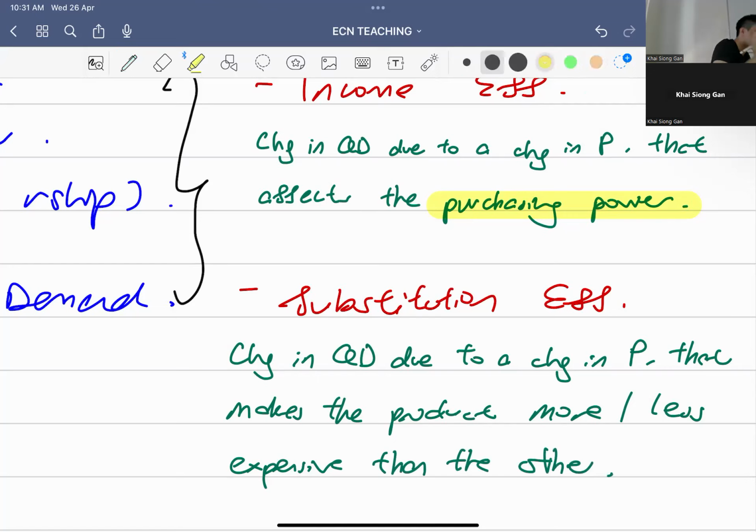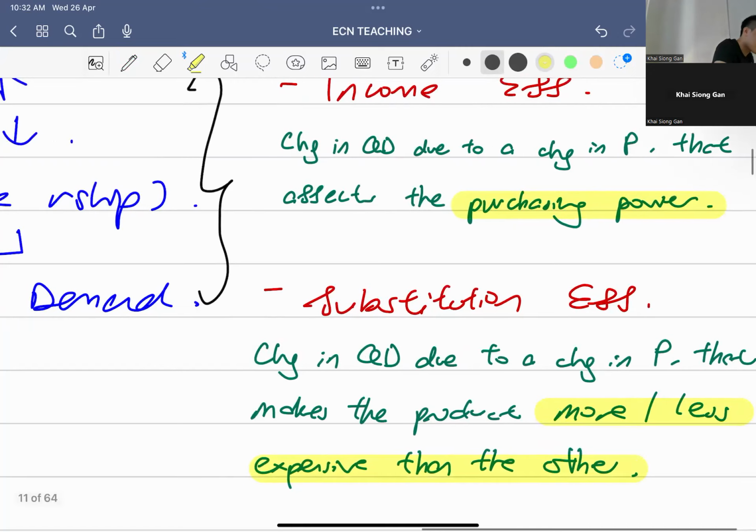Today when you talk about substitution effect, you are comparing between two goods. Maybe because one product in terms of the prices has fallen down, so it becomes cheaper for you to buy. That's called substitution effect.